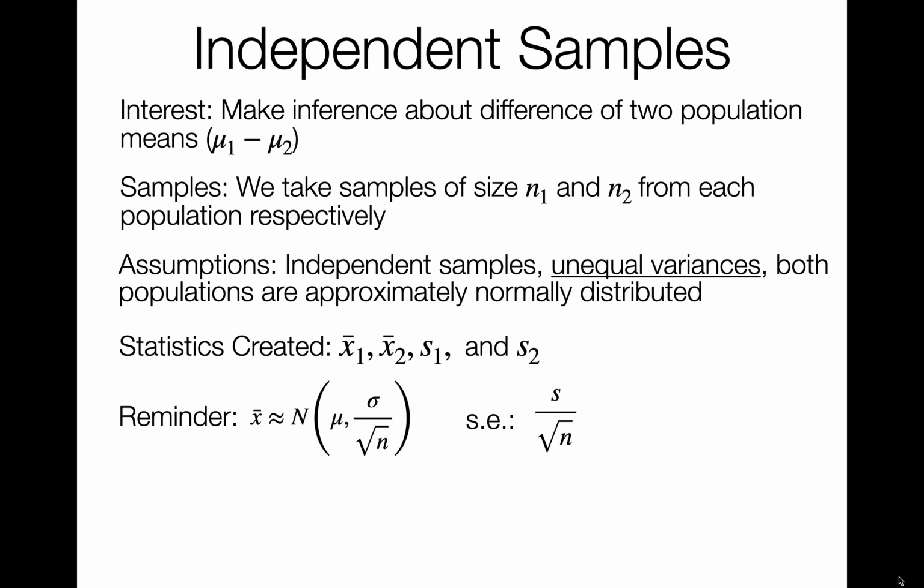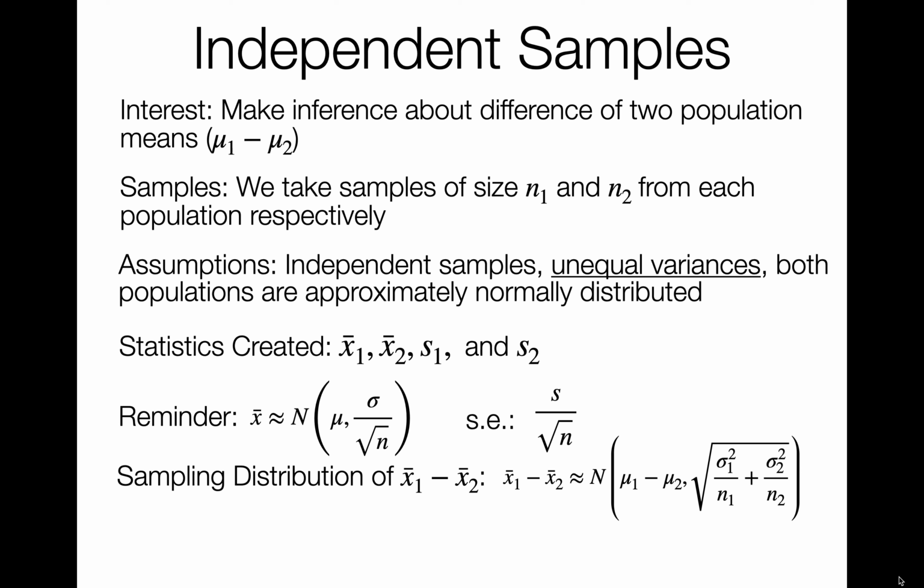Okay, so how does that translate to the two sample case? Well, it translates pretty directly, as you would probably guess. If we're interested in inference about mu1 minus mu2, the statistic we're going to be interested in is x bar 1 minus x bar 2, the sample counterpart. And we can get a distribution for that statistic.